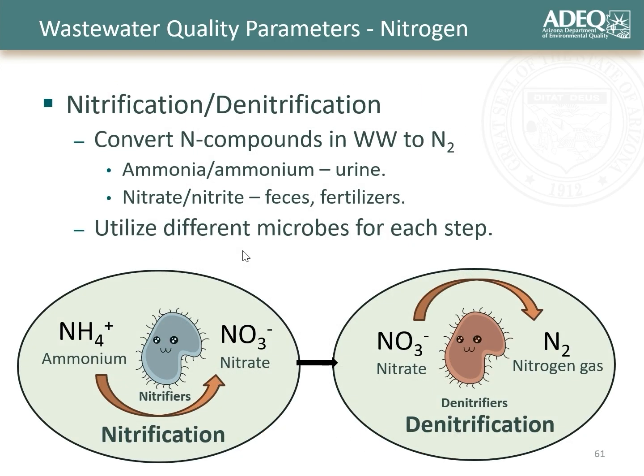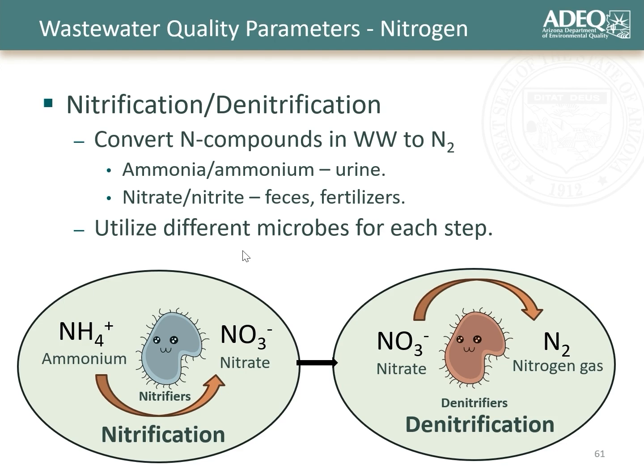So, as I just mentioned, there is a biological process that can actually remove ammonia and nitrogen from wastewater. First is the process called nitrification, which uses bacteria called nitrifiers, which convert ammonium to nitrate. Now, once again, that's the process called nitrification.